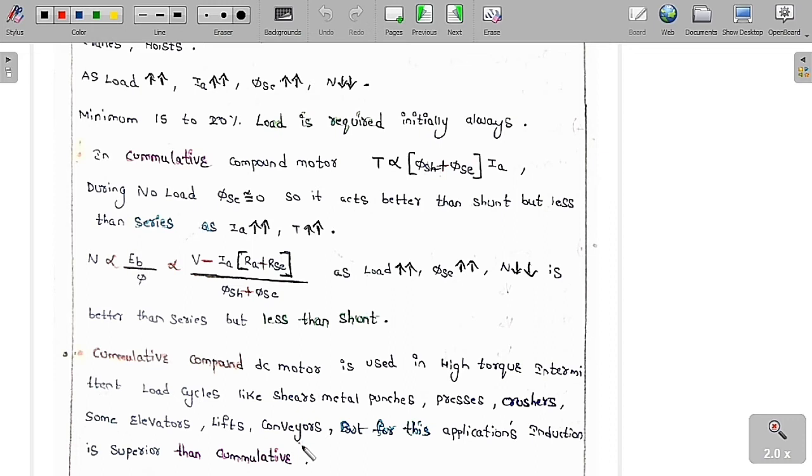Wherever there are huge torque applications and sudden load variations, there we prefer the cumulative compound, in load cycles like shears, metal punches, presses, crushers, some elevators, lifts and conveyors. Cumulative can be used, but induction is more superior than the cumulative for sudden high torque.